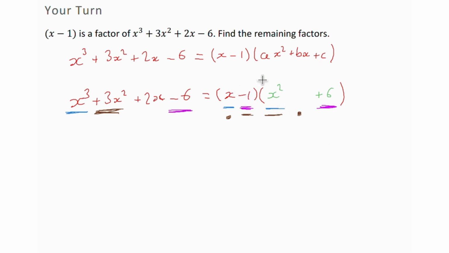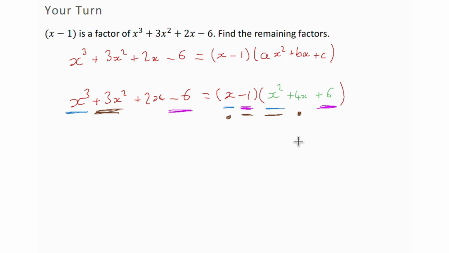So currently I have got minus x squared, and I need 3x squared, which means I need 4 more x squareds. And those 4x squareds have to come from this multiplication pair here. That means this is going to have to be 4x. X times 4x would give me 4x squared.